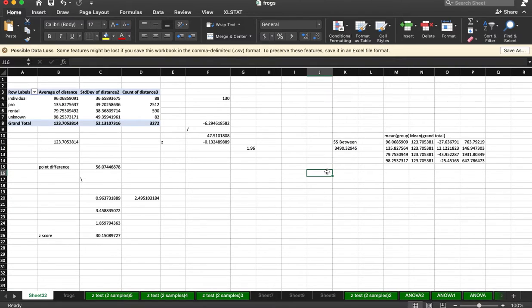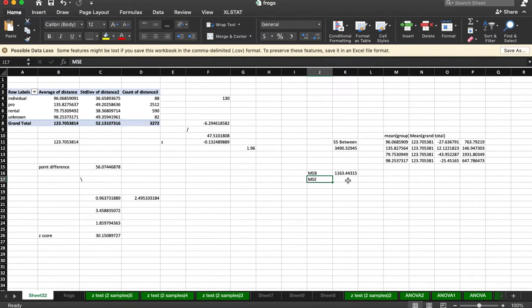Now to get our mean squared between and mean squared error. Mean squared between is going to be our sum squared between divided by the number of groups minus 1, so this divided by, we have 4 groups, so 4 minus 1 would be 3.